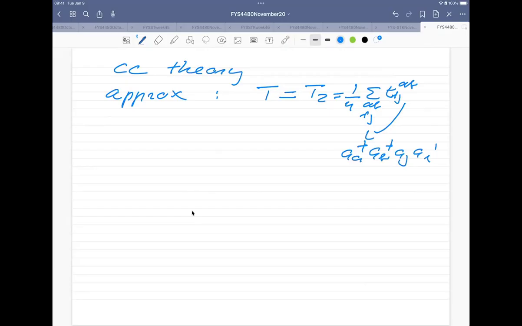So that means that my e^T times phi 0, which is my exact expression if I don't make any truncations in the operator T, is now going to be represented by e^(T2) of phi 0.